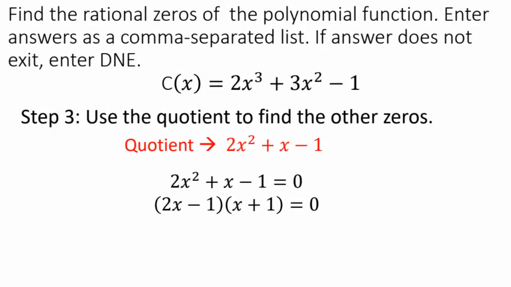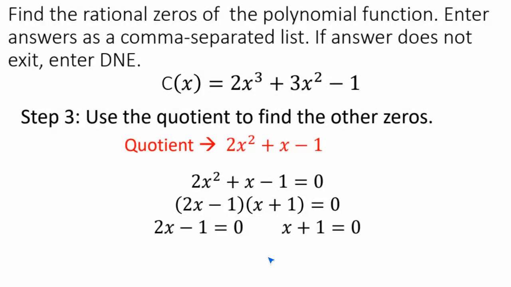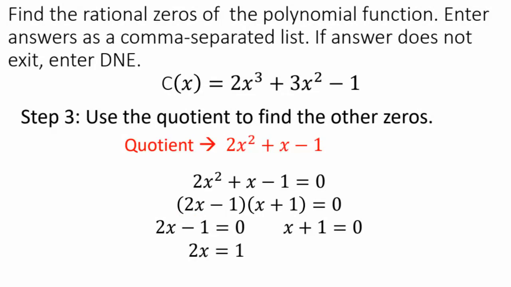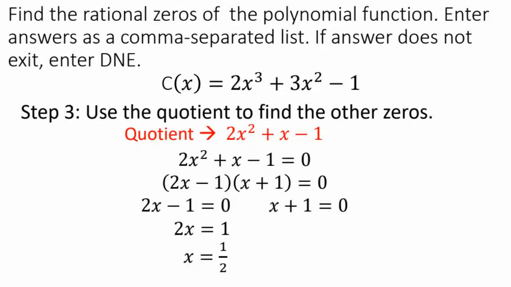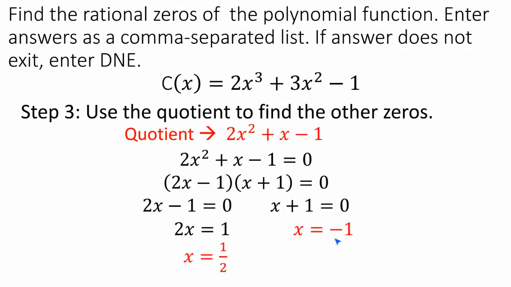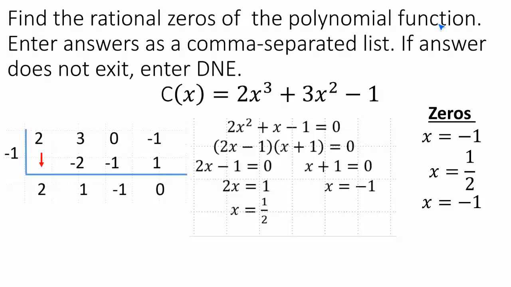So I can set each factor equal to 0 and solve for x. So I get 2x equals 1, so x equals a half is a 0, and negative 1. Okay, I should have 3 zeros. So my zeros are x equals negative 1, x equals a half, and x equals negative 1. So I have 2 repeated zeros.